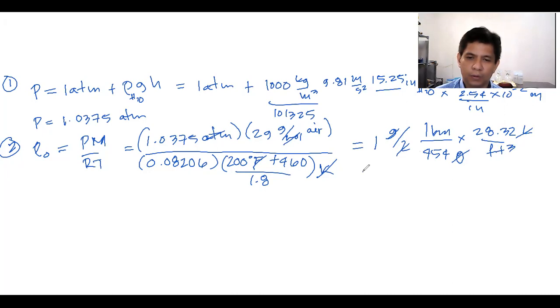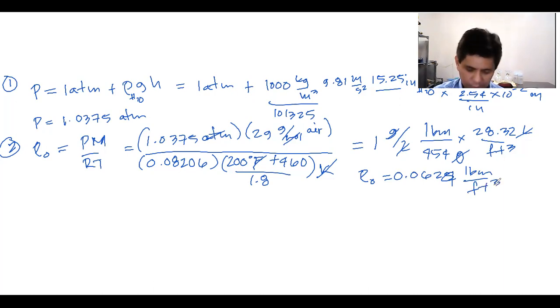So density is 28.32 divided by 454, which is approximately 0.0624 pound mass per cubic feet.